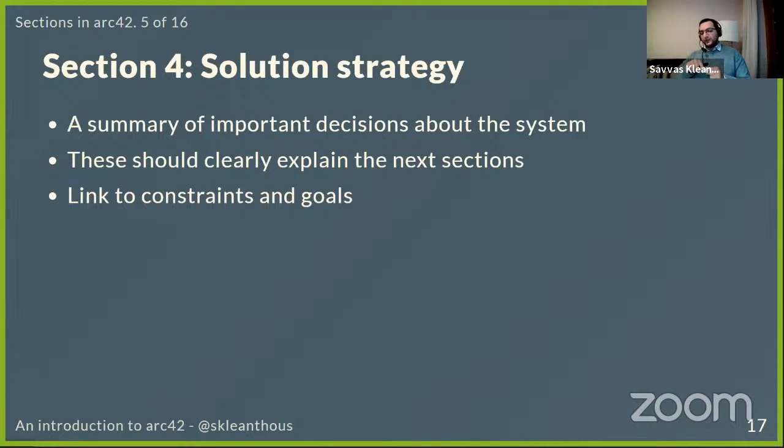But I also like to link them forward to all of the subsequent sections, which expand on the actual decisions that we made here. So this is a summary of the decisions that we are making. I usually find that section 4 is again really important, but I tend to keep it small. As I said, this is just the important bits.